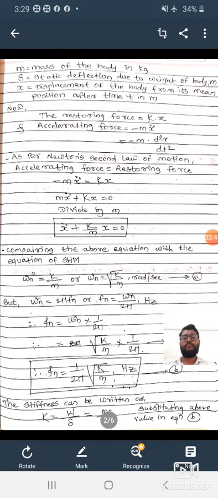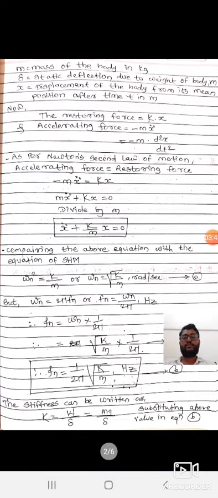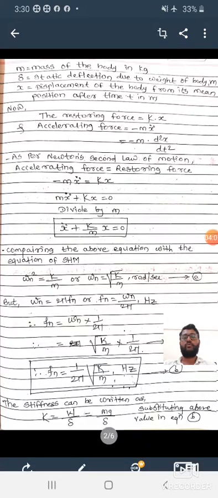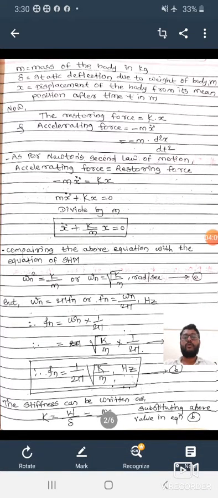Comparing this with the simple harmonic motion equation, omega n square equals k by m, or omega n equals under root of k by m radian per second. But omega n equals 2 pi fn, so natural frequency fn equals omega n upon 2 pi in hertz, or fn equals omega n into 1 upon 2 pi.